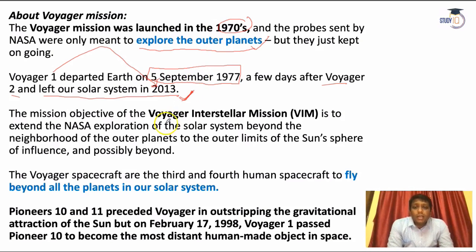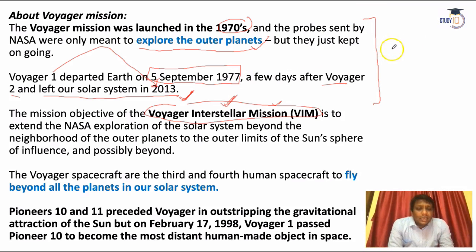The Voyager mission is also known as the Voyager Interstellar Mission, and its objective, as the name suggests, was to enter interstellar space and connect with the study of outer space. And guys, a wonderful question again I will ask you here.